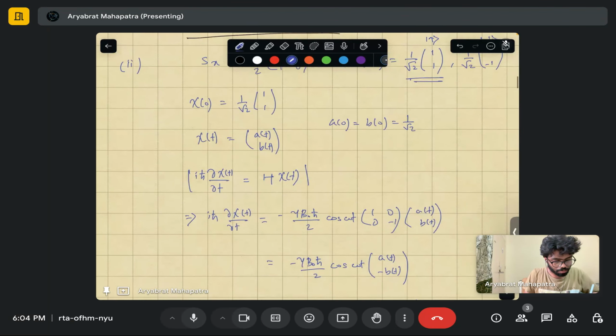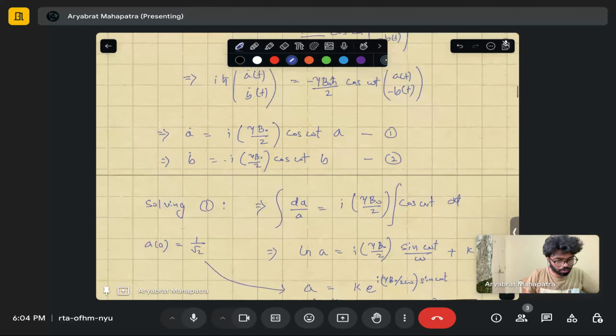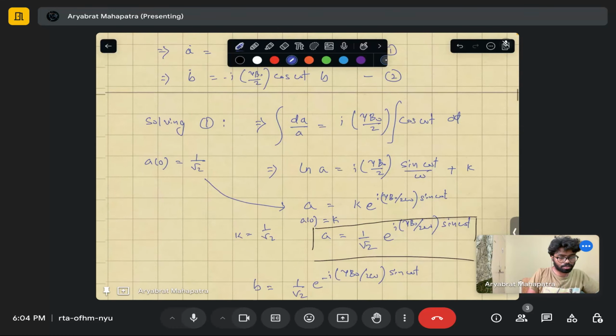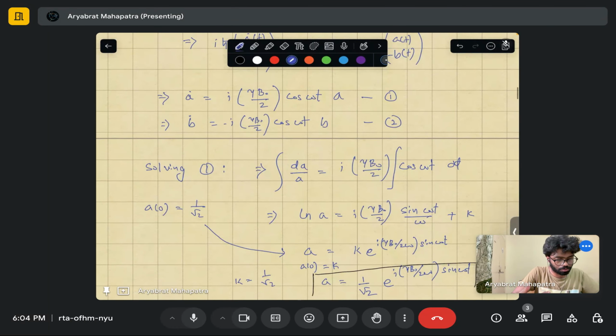You put them in this Schrodinger equation. Then instead of H, there will be HI in the second question. And then you solve it. You get two differential equations, then you decouple them. After decoupling, you solve for C1 and C2.